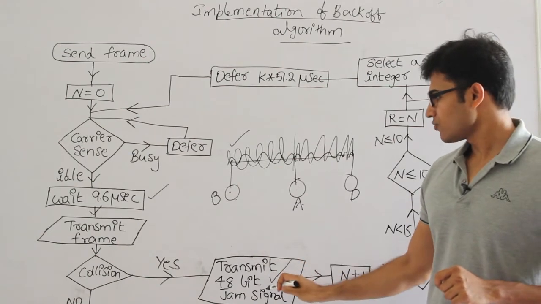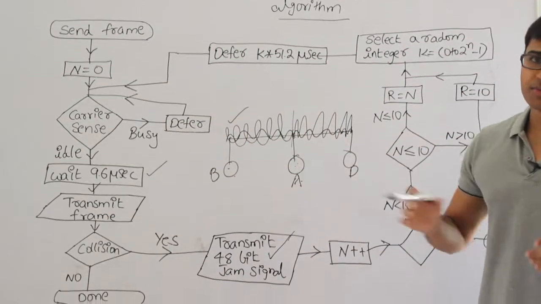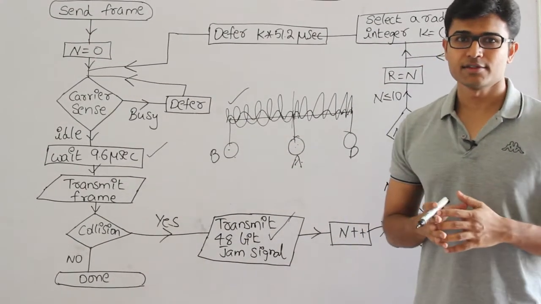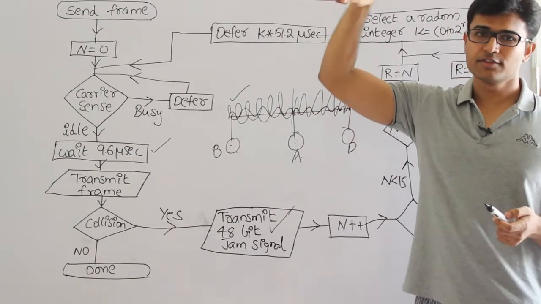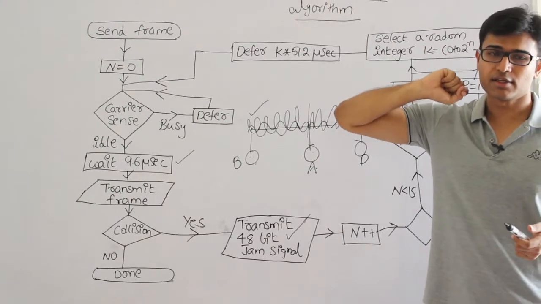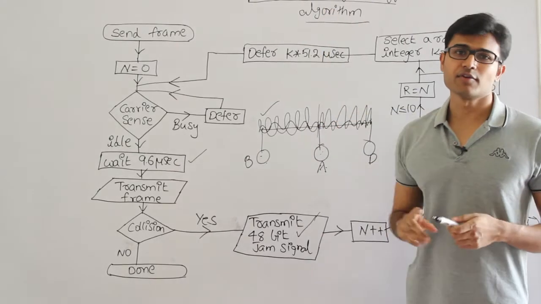Therefore transmit a 48-bit jamming signal, which is nothing but a special packet. And another property of the jamming signal is that even though the line has a collision signal, when you send the jamming signal it is not going to collide with the collision signal. The reason is, the jamming signal will be sent at a different frequency.